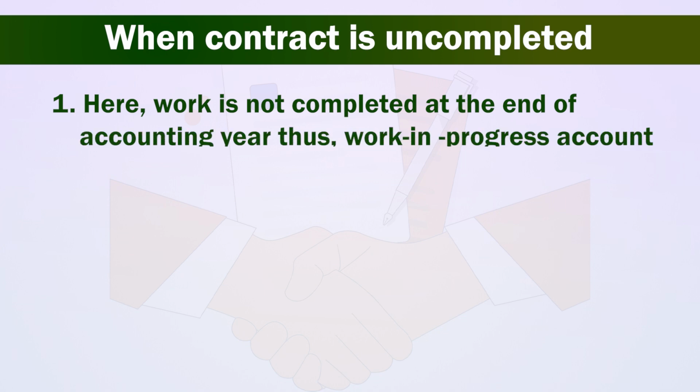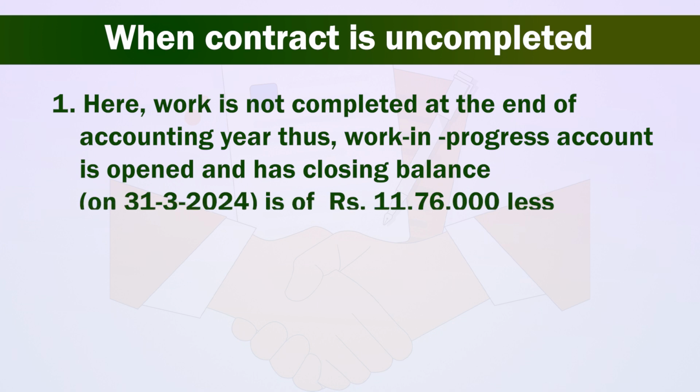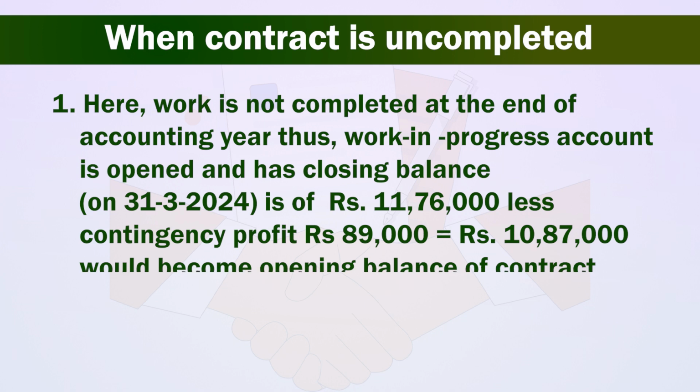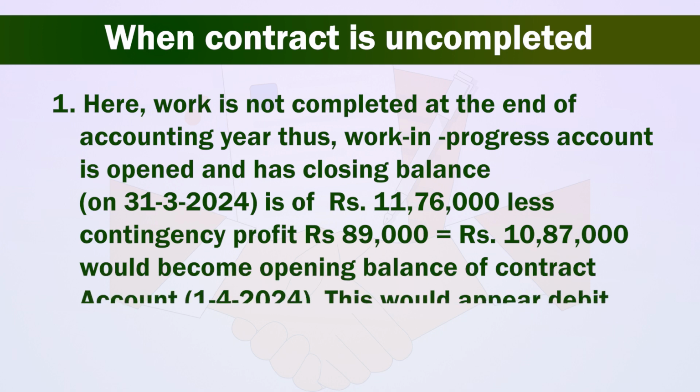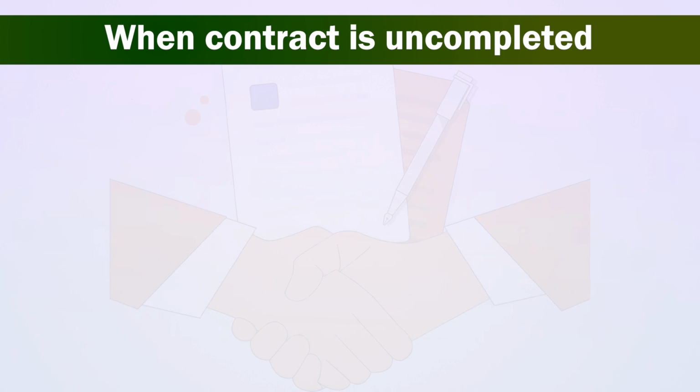Thus, work in progress account is opened and has closing balance as on 31st March 2024 of rupees 11,76,000 less contingency profit rupees 89,000, which is equal to 10,87,000, and would become the opening balance of contract account on 1st April 2024. This would appear on the debit side of contract account for next year.